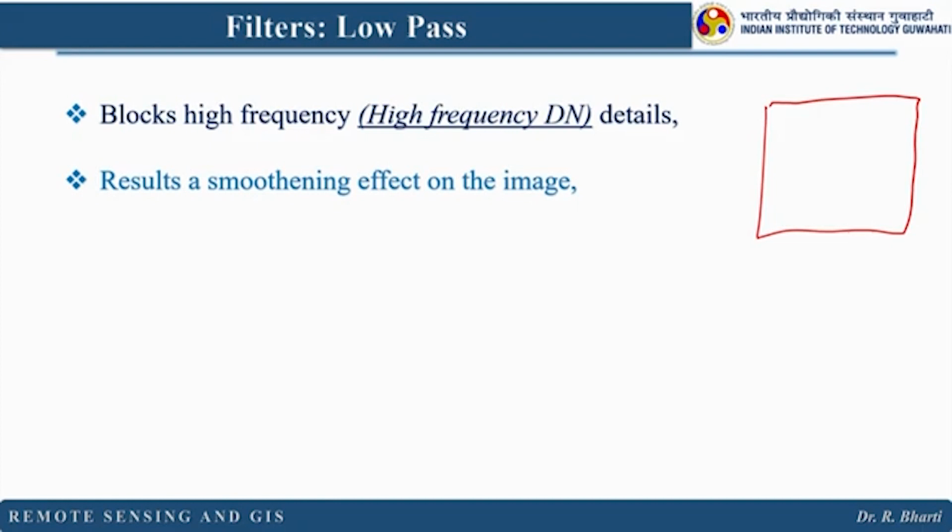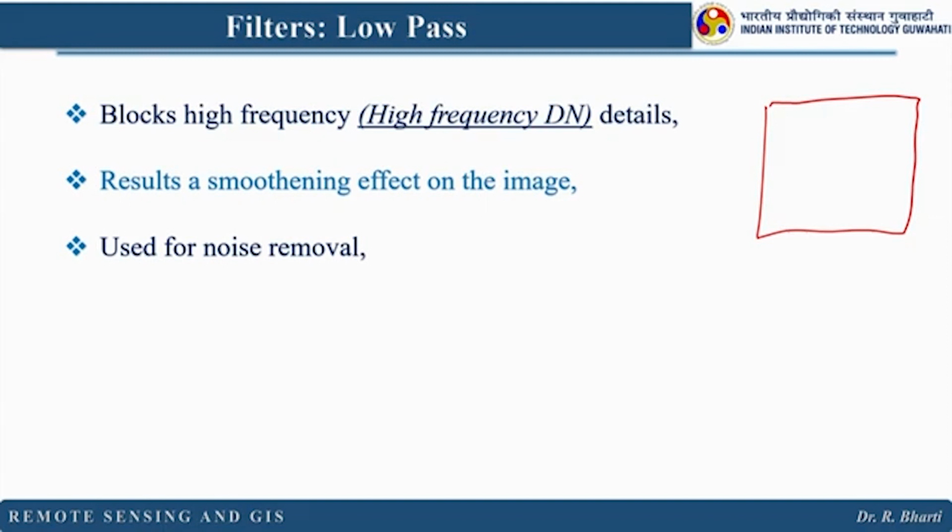So here first you need to find out the high frequency DN values and low frequency DN values, and then if you apply a low pass filter, all the high frequency values will be suppressed and low frequency values will be passed. So your image will have a different output than your input image, and we will see some examples.